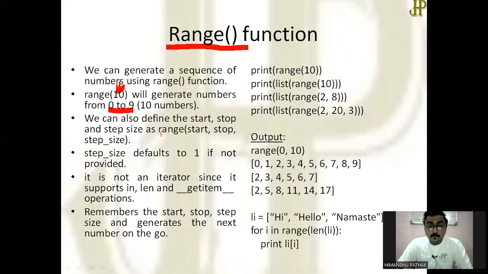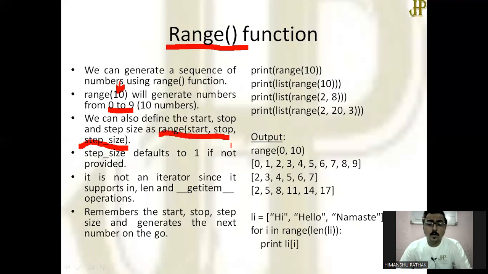But the syntax is this. Range. In the arguments, there are 3 arguments, where one argument is essential, that is stop, but the other optional arguments are start and step size.